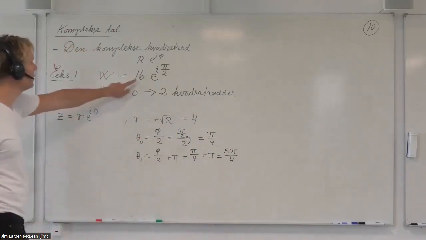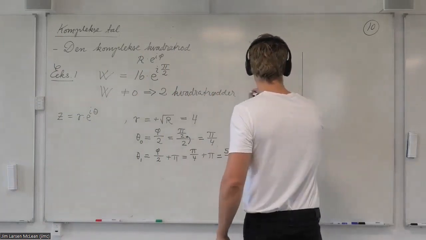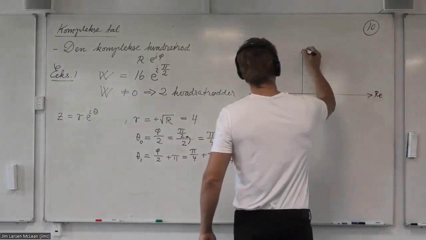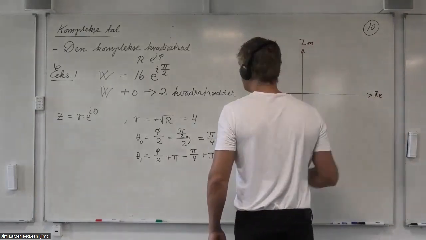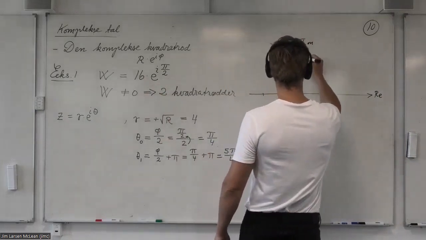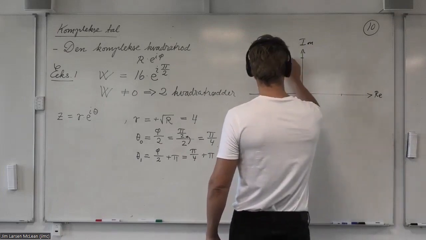Let's start with drawing w. W lies on a circle with a radius of 16. So let's just say this is the circle.